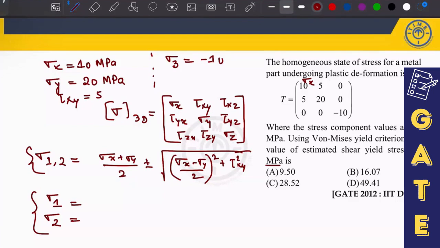Once you solve, you will get sigma 1 around 22.07 and sigma 2 as 7.93.